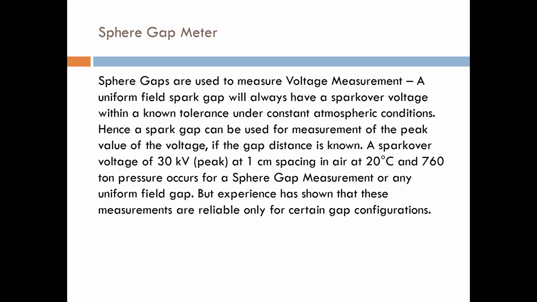By this, you can easily measure high voltages, AC, DC, or impulse, with the spark gap meter. So see here, a spark voltage of 300 kV at a 1 centimeter spacing, spacing meaning the distance between the two spheres, at 20 degrees centigrade and 760 torr pressure, occurs for a simple gap measurement in a uniform field.